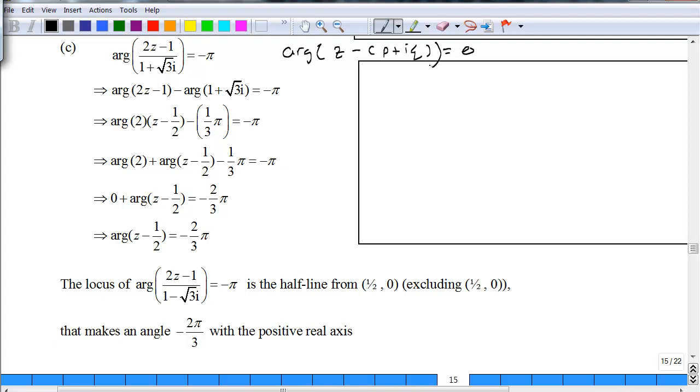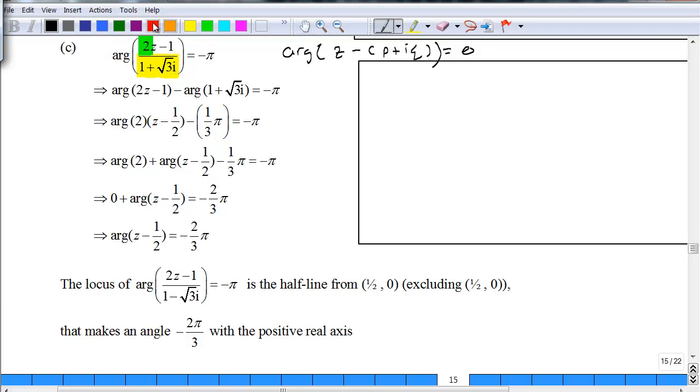Right, so we realize that in this question the coefficient of z is 2. And then in the denominator, you have another complex number. So what we need to do is get rid of this. And in the best way possible is to make use of the properties of argument. Right, so the properties of argument says that we can actually do this.